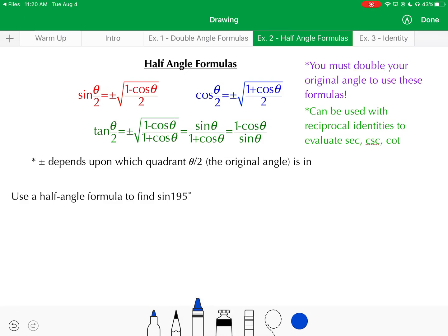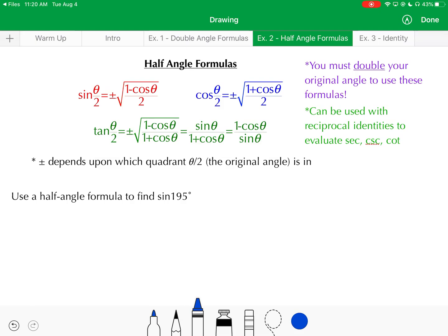Which really means in order to utilize these formulas, you really have to double your original angle, okay? Now, notice that for all three half angle formulas, sine, cosine, and tangent, you have a square root built into the formula with plus or minus in front of it, okay? And this is crucial.